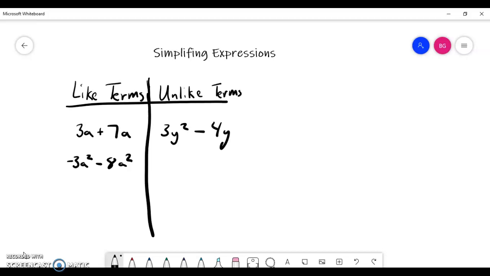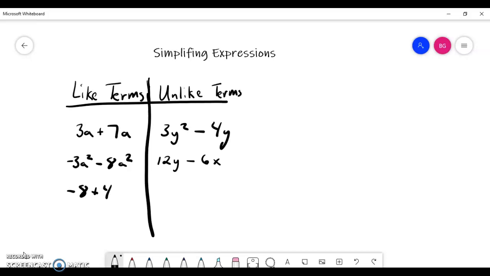Another example of an unlike term would be 12y minus 6x. Remember the coefficients don't matter, but the first term has a y, and the second term, with the negative 6 as the coefficient, has a variable x. They're not the same. A few other examples of like terms are constants, like negative 8 plus 4.